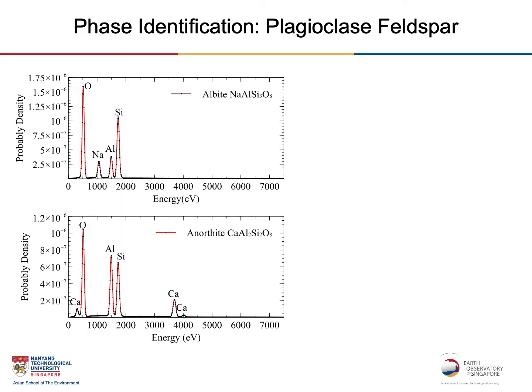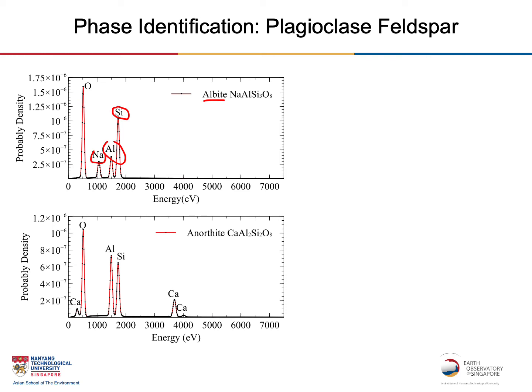One example I put here is how do you differentiate between albite and anorthite? This is a simulated pattern from Monte Carlo simulation. We know that albite consists of sodium, aluminum, silicon, and oxygen. So from the EDS, we should look for the appearance of silicon, because it's mostly silicon, then aluminum, sodium, and oxygen.